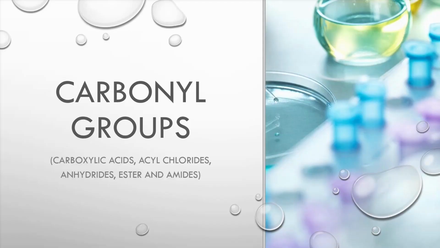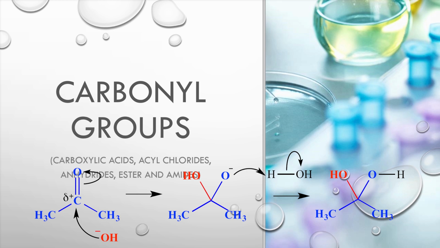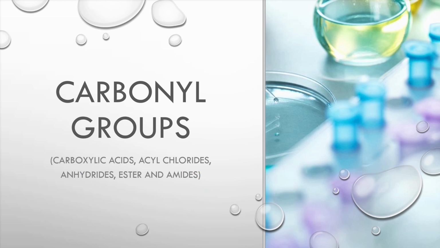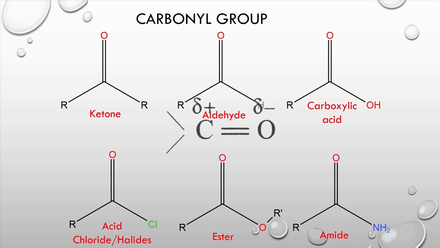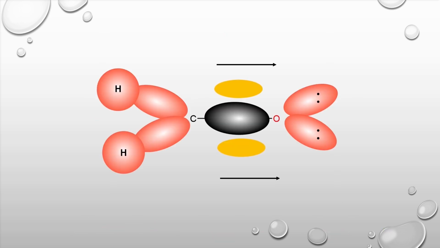In that video, I explained the attack of a nucleophile on the carbon of the carbonyl group. That attack is only possible because of the electronegativity difference between the carbon and the oxygen atom of the carbonyl group, which encourages the partial electron shift of the pi bond towards the oxygen atom. That creates a partial positive charge over the carbon atom, and this charge attracts the electron-rich nucleophile to attack it.